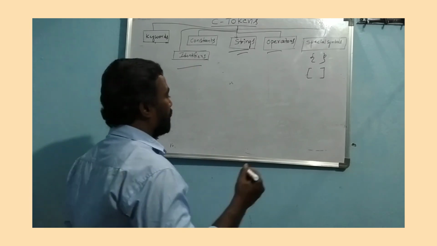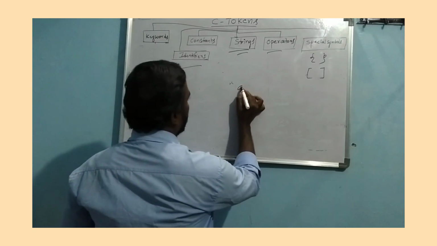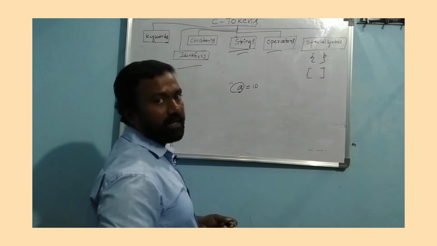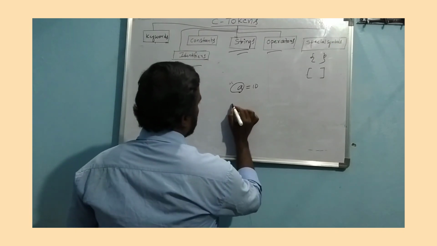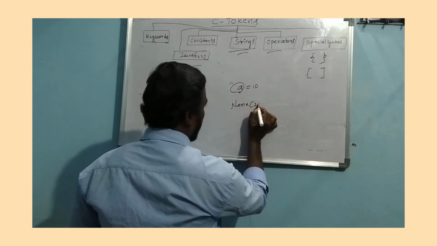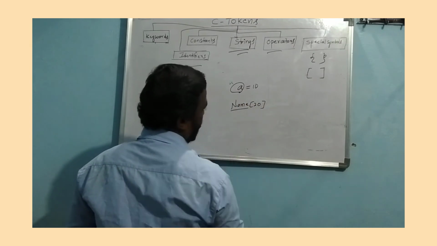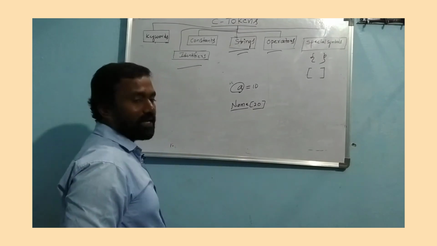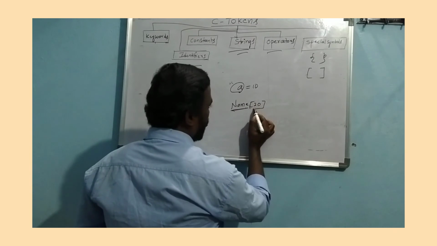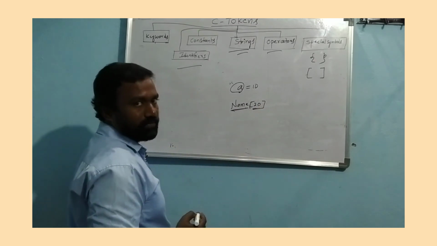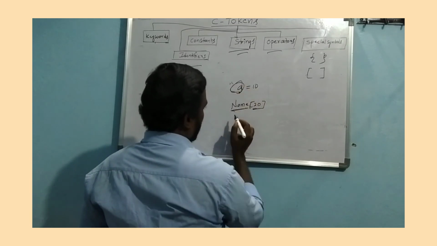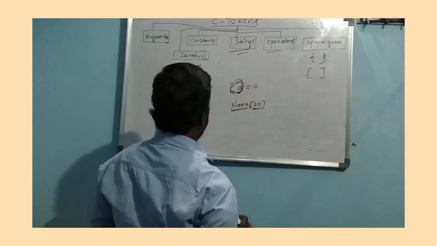Okay, so for example, I am taking A equal to 10. A is an identifier. It is a name. For example, I would like to take name of 20. That means name is a variable, and 20 is the size. Within the name variable, I would like to take 20 characters. That is the meaning of this. A equal to 10: A is the identifier, a variable name.